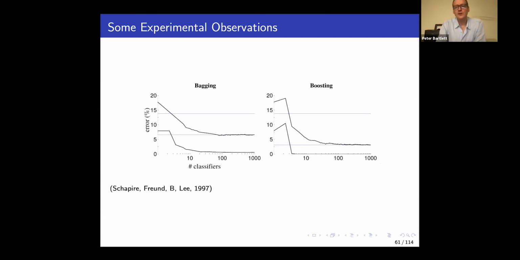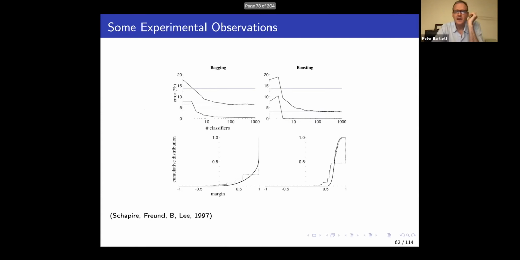The observation that suggested what was behind this was that if you looked not just at the empirical risk, that is, whether you're getting the examples correct or not, but at the margin of those correct classifications. That is, if you want to get to the +1 side, how far are you to the positive side? If you want to be on the negative side, how far are you on the negative side? These bottom plots are showing cumulative distribution functions over the training sample of those margins.